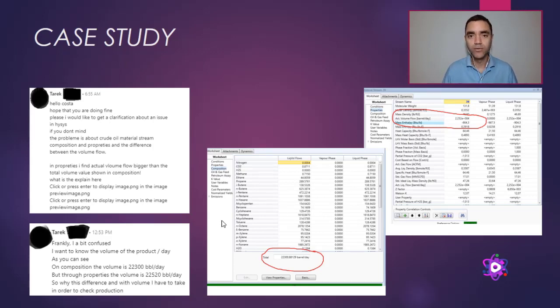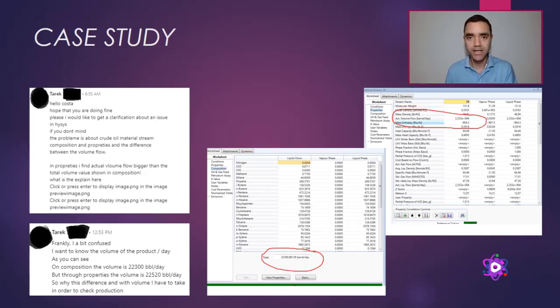He would like to evaluate the production based on barrels per day, and he was not understanding why, in the liquid volume flow tab, the sum was below or different than the information available at the actual volume flow in barrels per day.